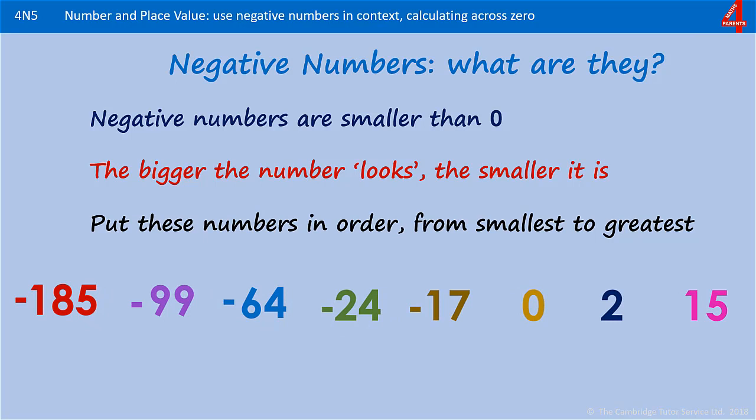Minus 99, minus 64, minus 24, minus 17. Then we get to 0, and on the other side of the 0 we have the numbers that are bigger than 0. 2 and 15. And remember, you can think of 2 and 15 as having a plus sign in front of them.